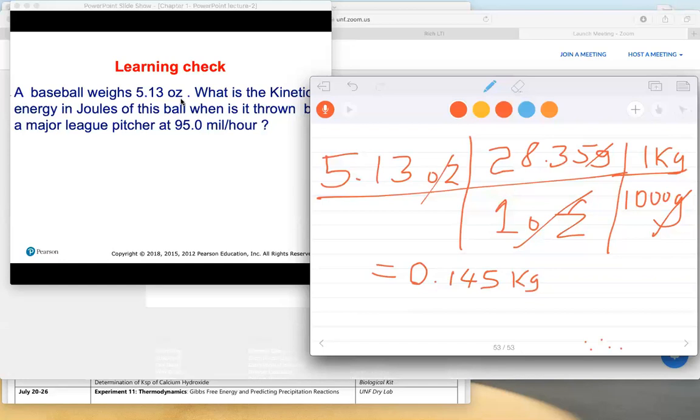So what I have now is the mass in kg. Kinetic energy is equal to a half mv squared.